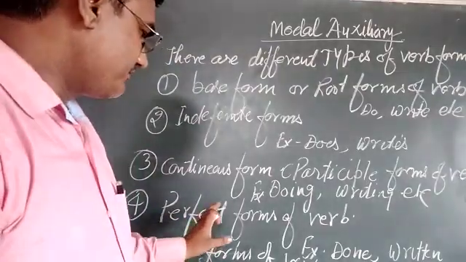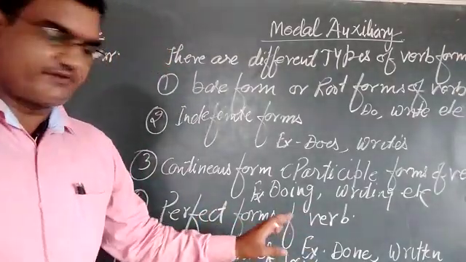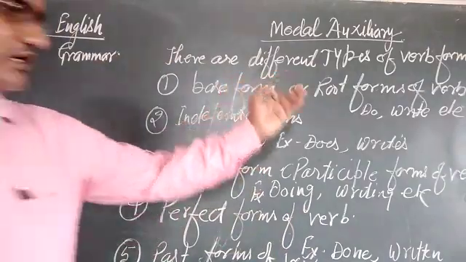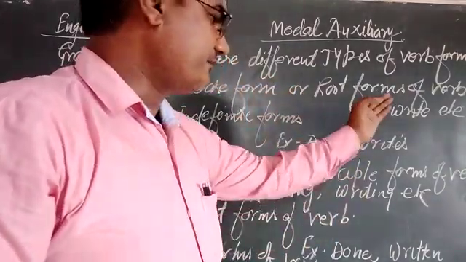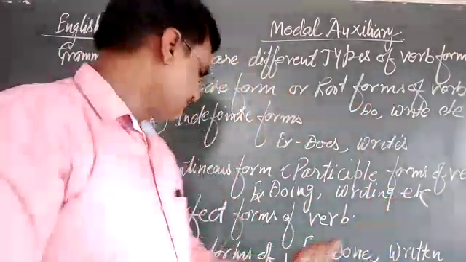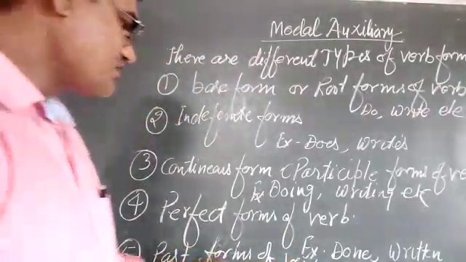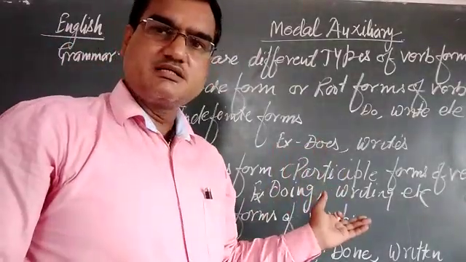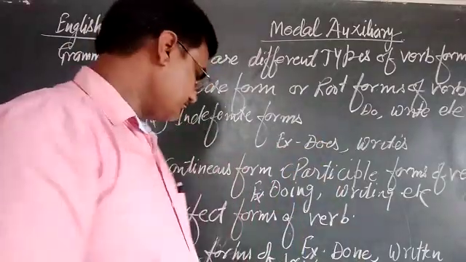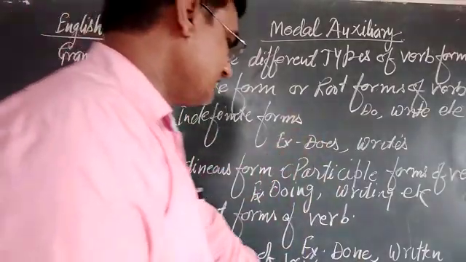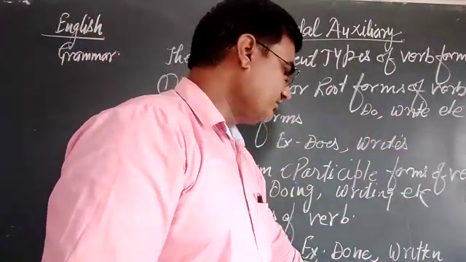Now the perfect form of the verb: do, perfect form done; write, perfect form written. And last is the past form of the verb. Past form means the second form of the verb: do, second form did; write, second form wrote.